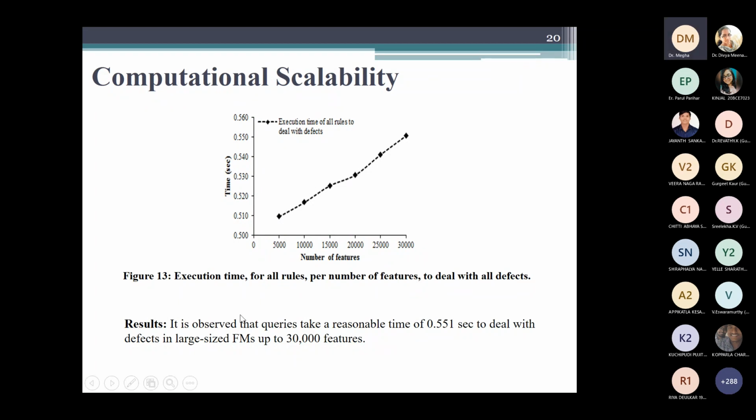Similarly, the experiment was performed with models of 10,000, 15,000, 20,000, 25,000 and 30,000 features. From the result, it was observed that the queries take a reasonable time of 0.551 seconds to deal with defects in large models of up to 30,000 features.